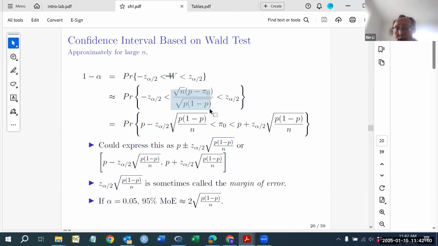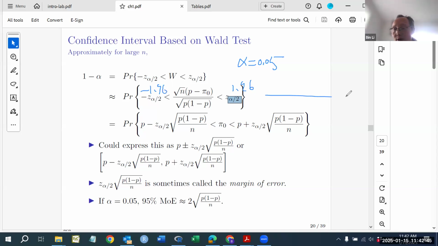So this is 1.96. Then we want this W to be less than 1.96 and also greater than negative 1.96. Here I'm setting alpha to be 0.05, so it should be less than 1.96 and greater than negative 1.96.